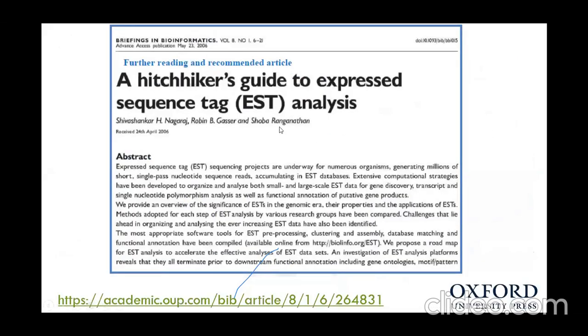This is a bit more information on EST analysis, a very beautiful paper written on a Hitchhiker's Guide to Expressed Sequence Tag. This was done in 2006 and most of the EST studies were done in 1990s also. That's why at that time, before Human Genome Project also, EST analysis was happening because I was interested in chromosome 20 of human.